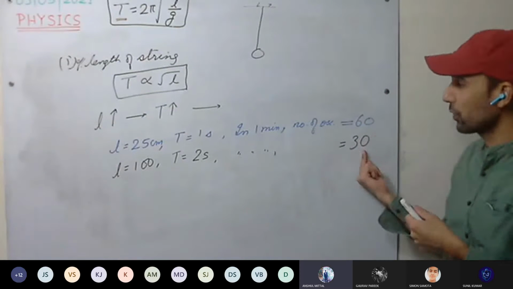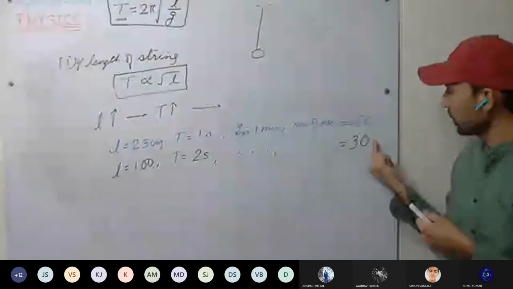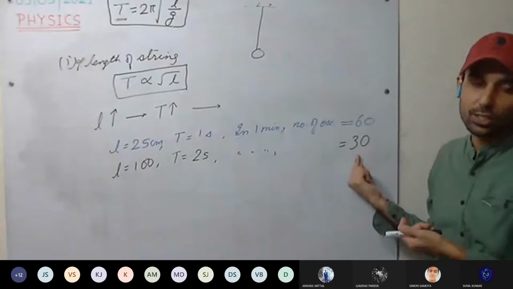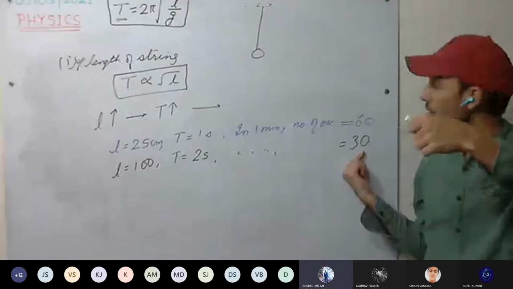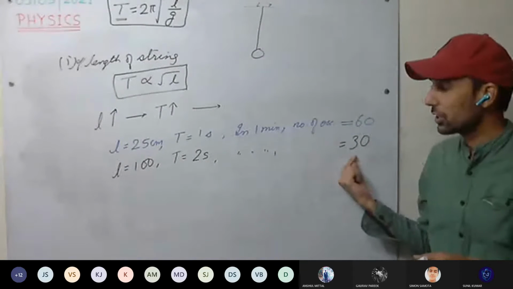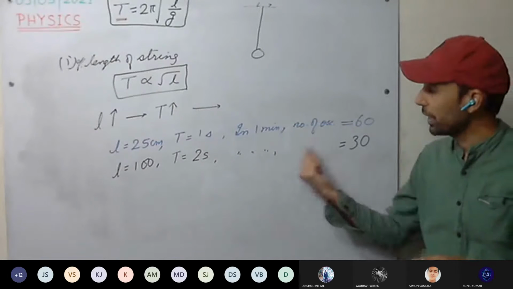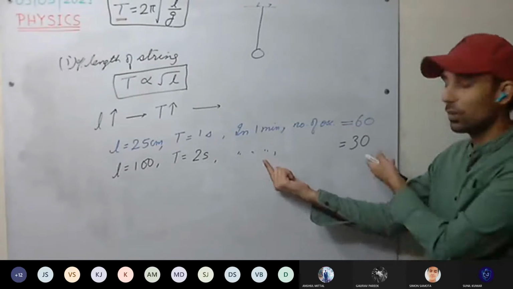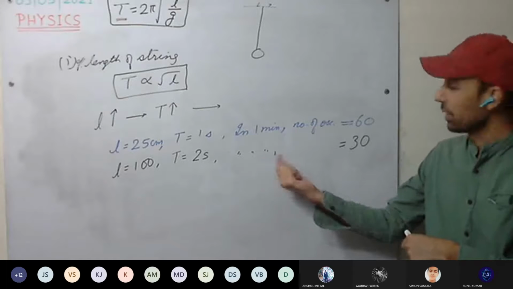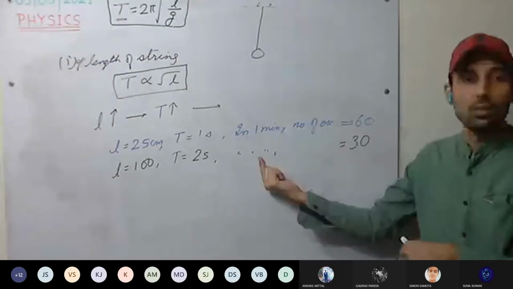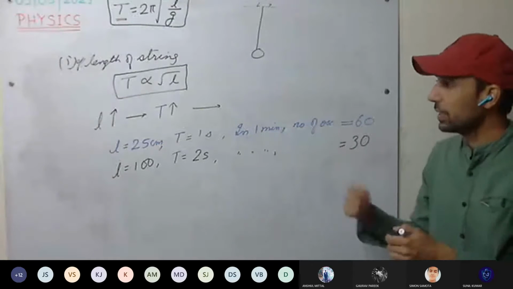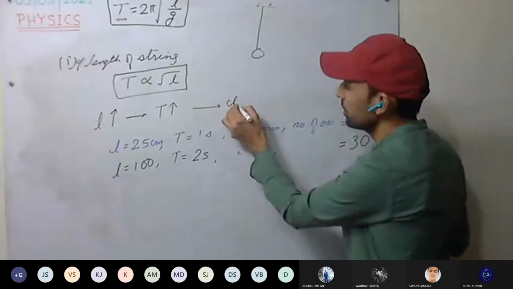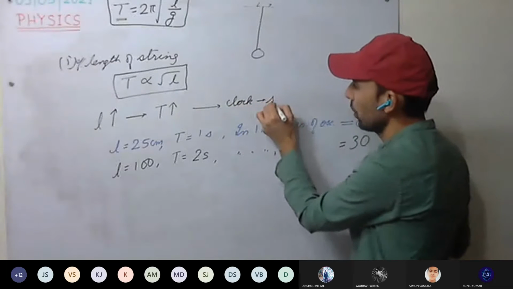It has become slow. From 60 to 30, oscillations are 30 only. So number of oscillations made in 1 minute are 30 only this time. It means clock has become slow.